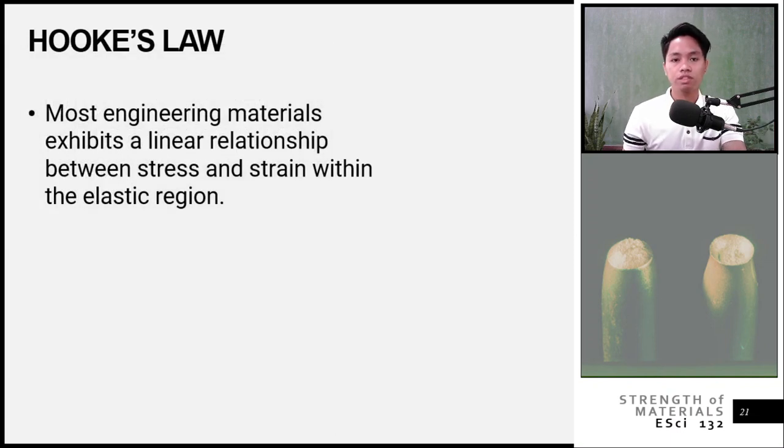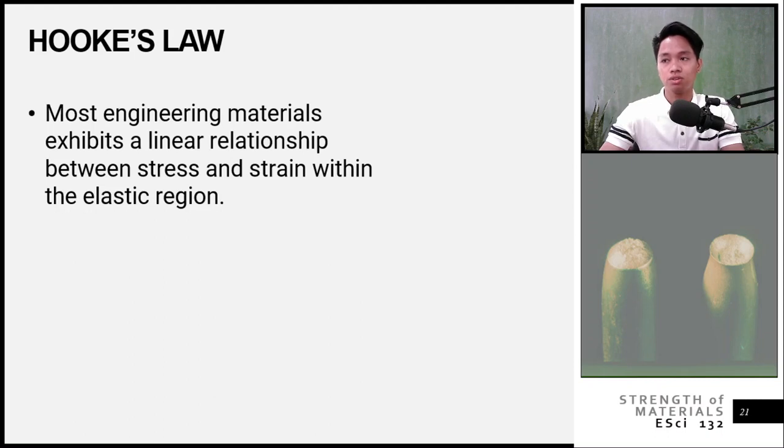As we discussed in the previous discussion video about the stress strain diagram, based on our previous discussions, we know that most engineering materials exhibit a linear relationship.